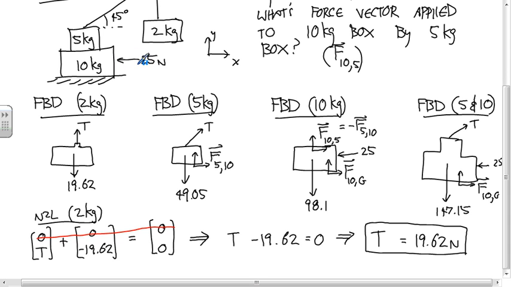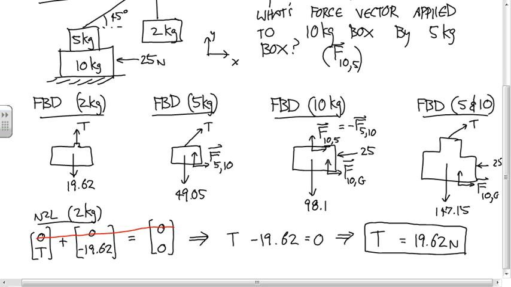The free body diagram of the 10 kilogram box would not be correct without that 25, but we were able to solve this problem without looking at the free body diagram for the 10 kilogram. That's why the 25 didn't come into it.